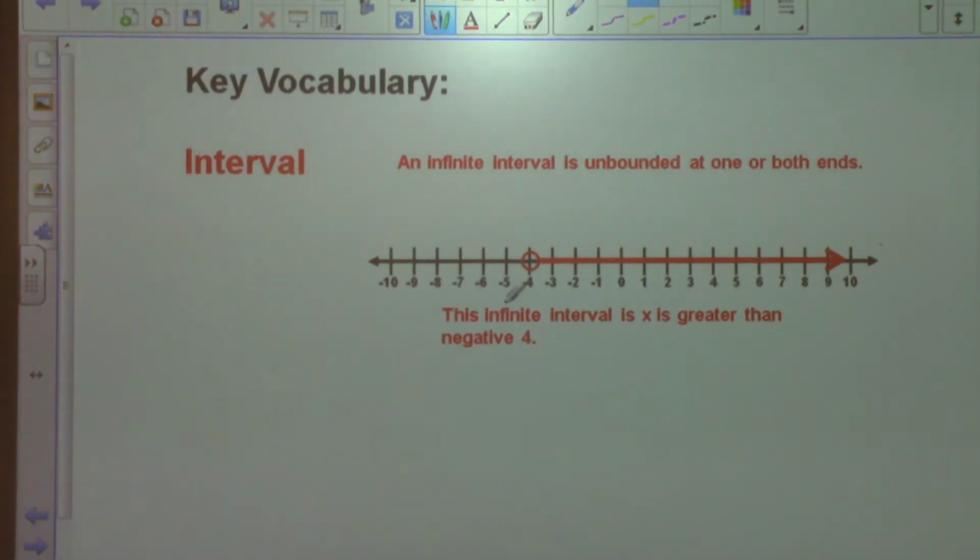And this infinite interval is x is greater than -4. That's how you could say it verbally.